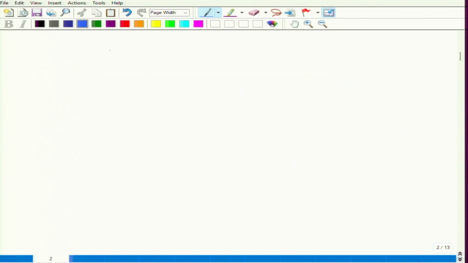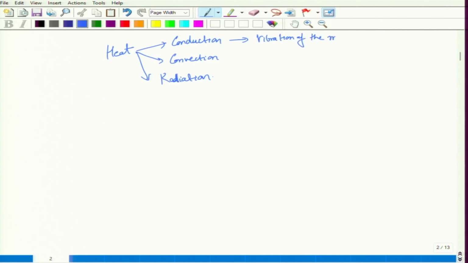Okay. So there are different ways in which heat is transferred: conduction, convection, and radiation. In case of conduction, it is the vibration of the molecules.